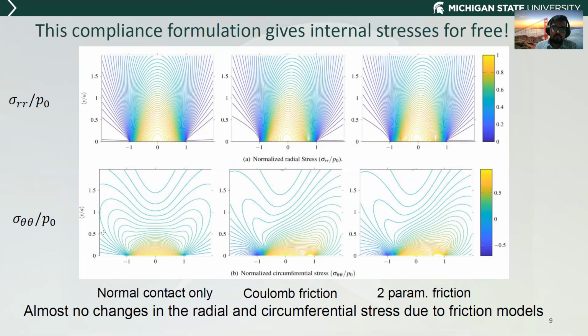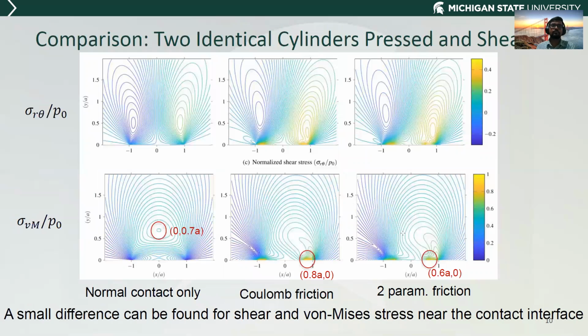For the circumferential stress, we can see it was initially symmetric for the normal contact only, but the symmetry breaks when we applied the lateral force, and it comes out to be almost the same for one parameter Coulomb and two parameter Coulomb friction. The other stresses are shear stress and the von Mises stress that we compared here.